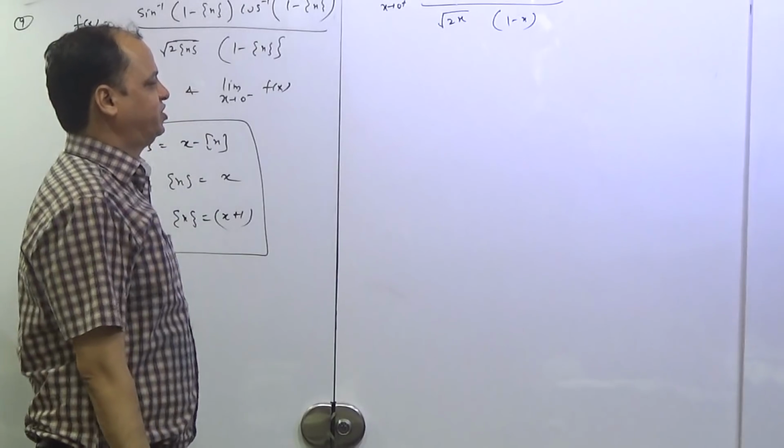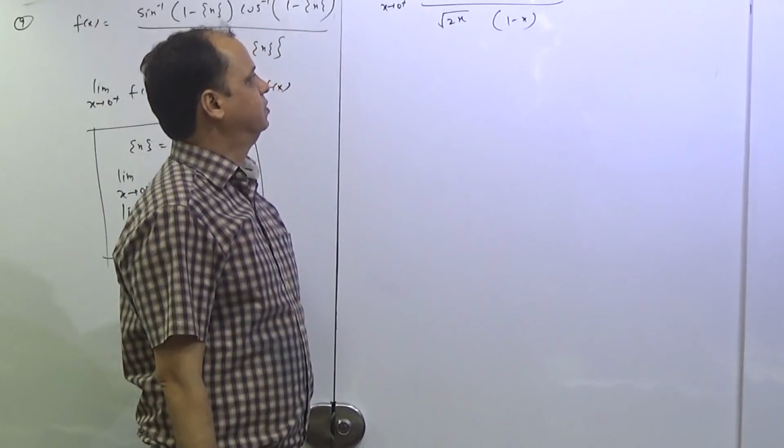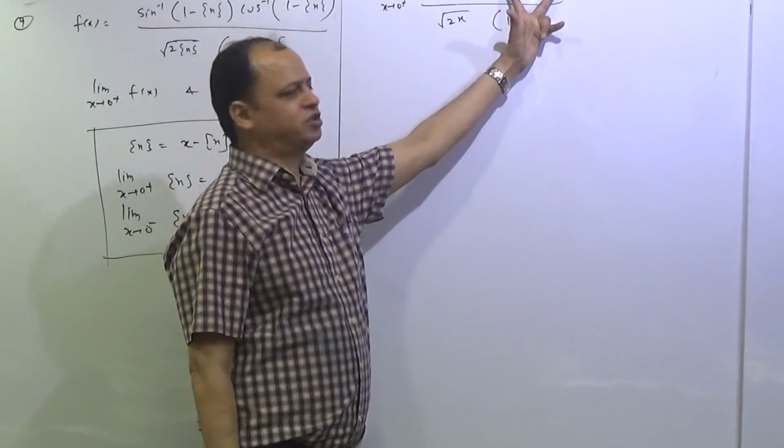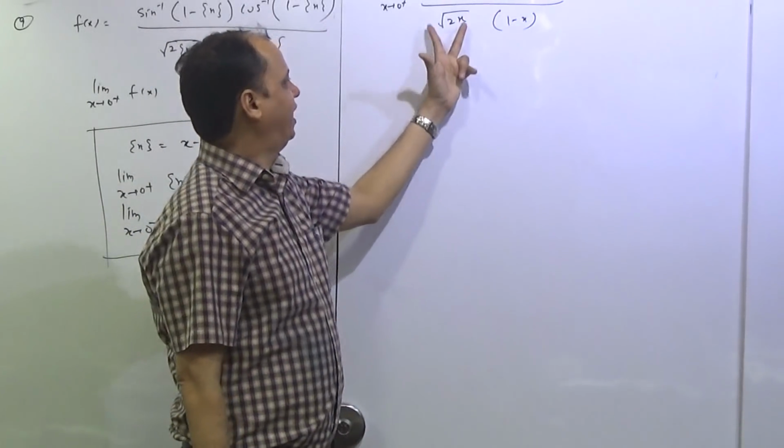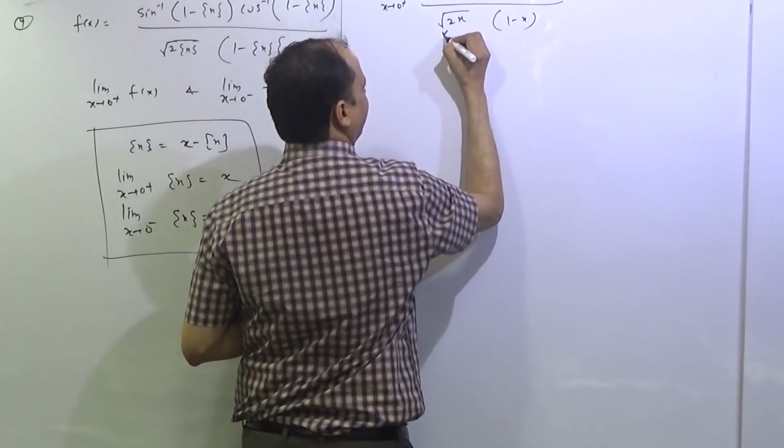The cos inverse of 1 minus x is making 0, and the denominator root 2 and x. So we are interested in this part and this part, that's it.